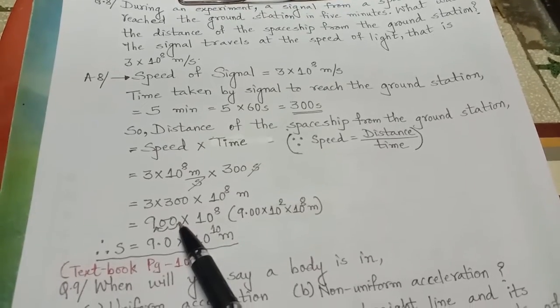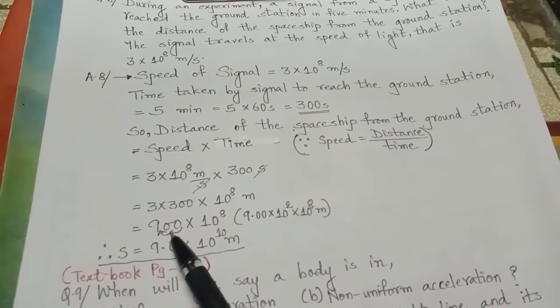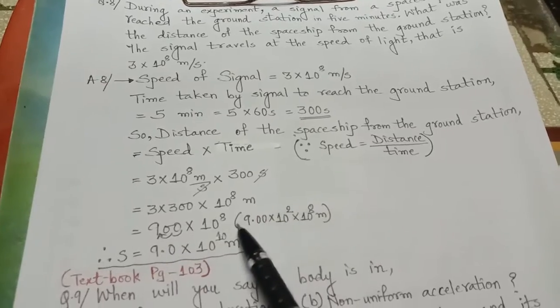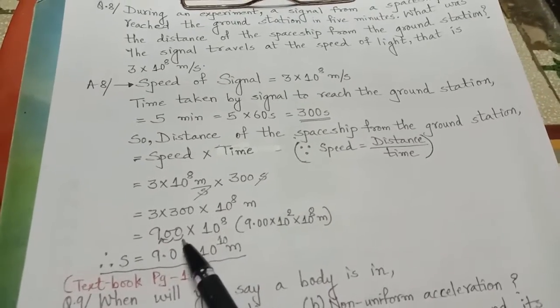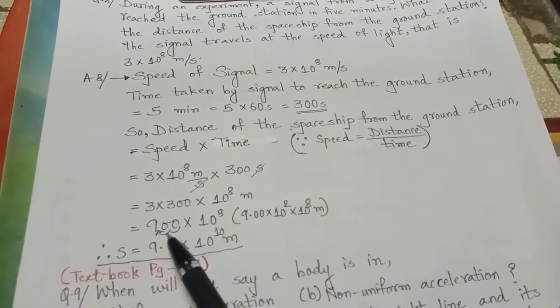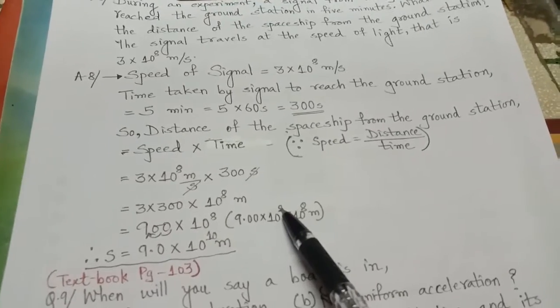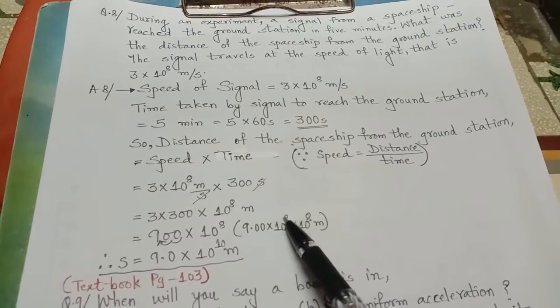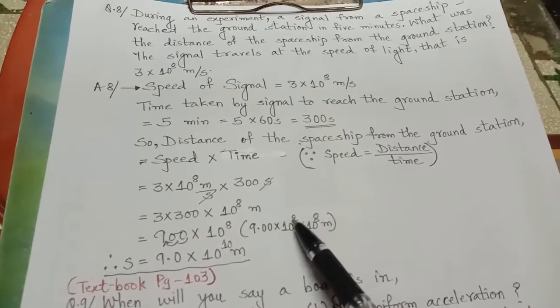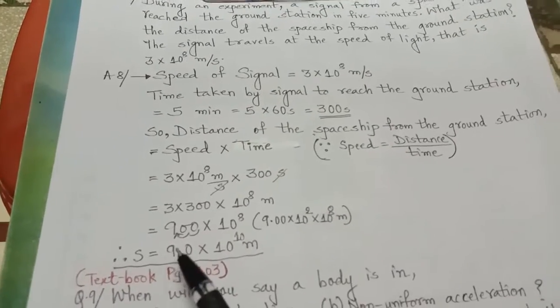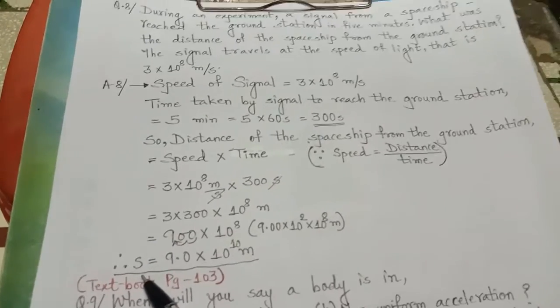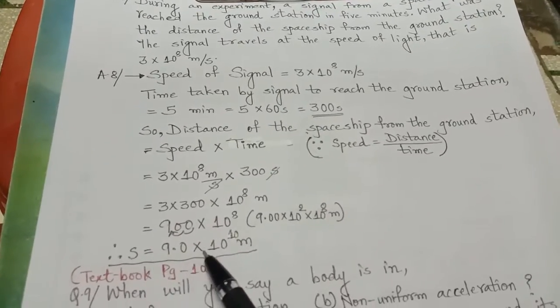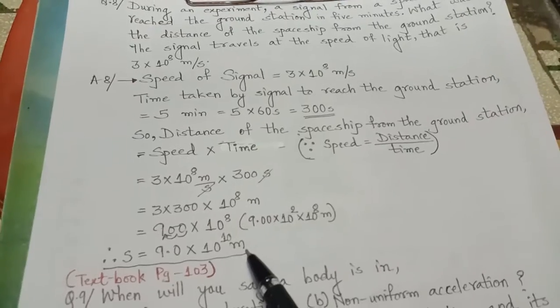So if I take the decimal forward 1, 2, then it will be 9.00. I have moved forward 2 points, so it is 10 raised to 2 and 10 raised to 8. Both the bases are the same, so add the powers, 8 plus 2, 10. And so here the distance is equal to 9.0 into 10 raised to 10 meter.